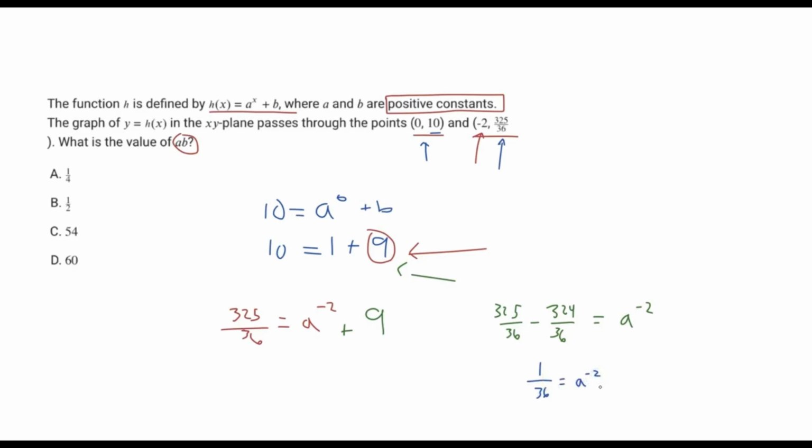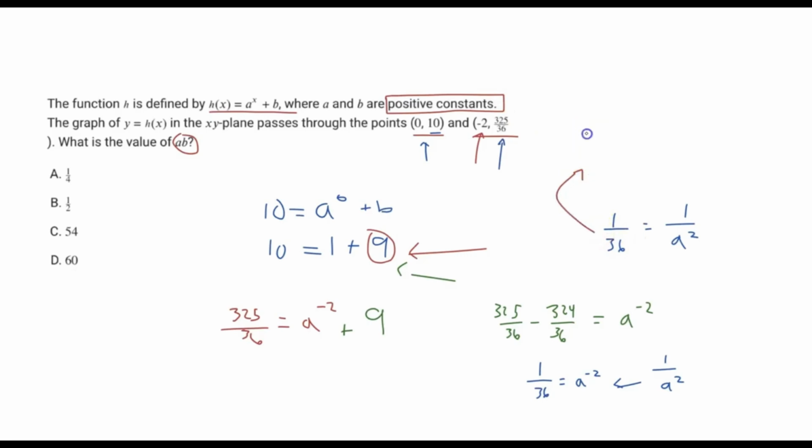And you can plug this into Desmos and solve it, but here there's just exponent properties. a to the negative 2 is the same thing as 1 over a to the power of 2. Because we have 1 over 36 equals 1 over a squared, we can take the reciprocal of both sides.